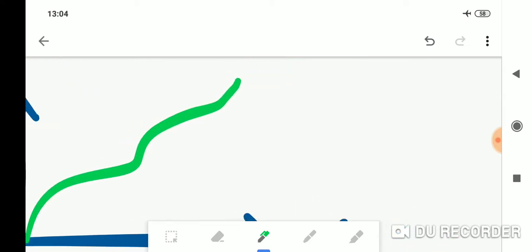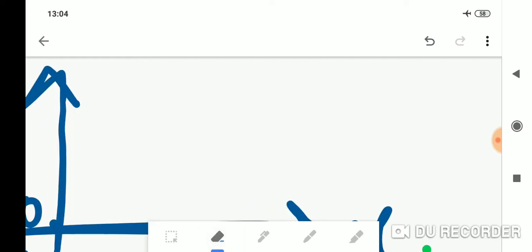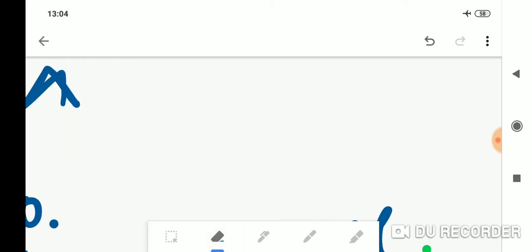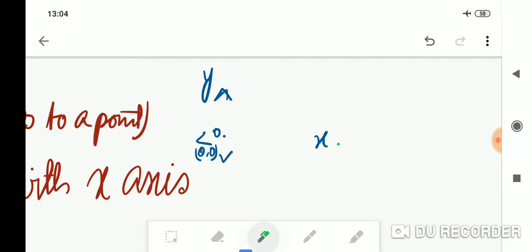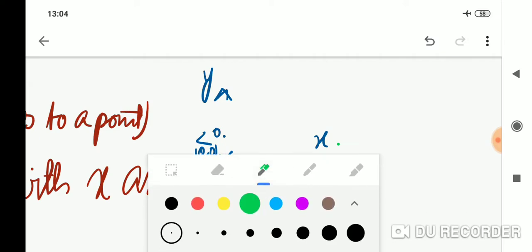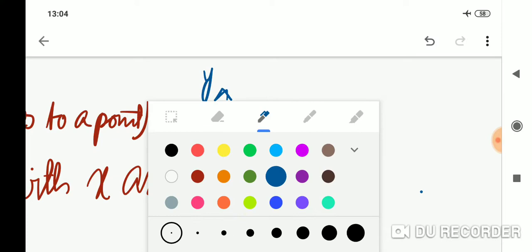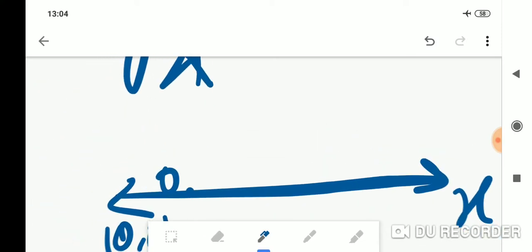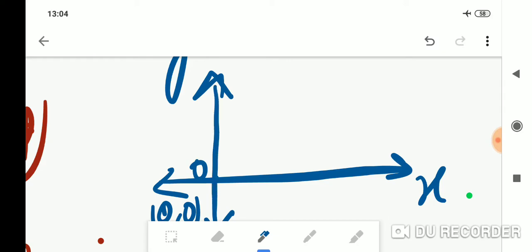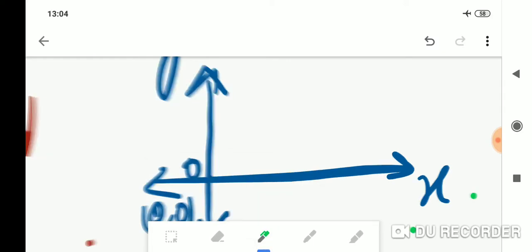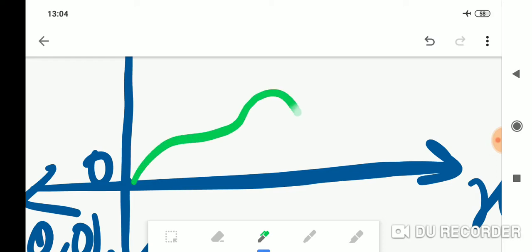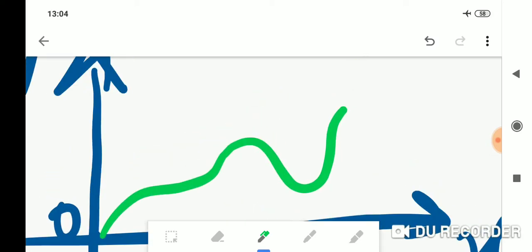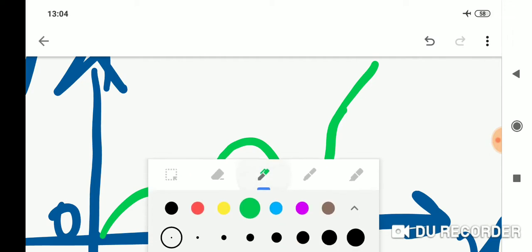Okay, we can get a better curve. I will draw a curve like this.